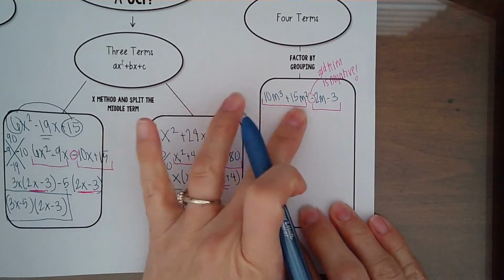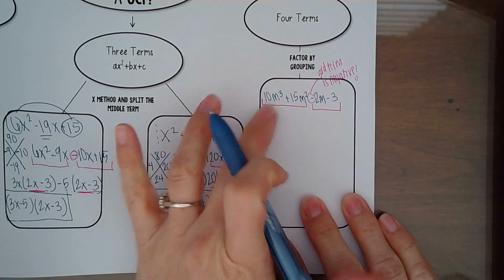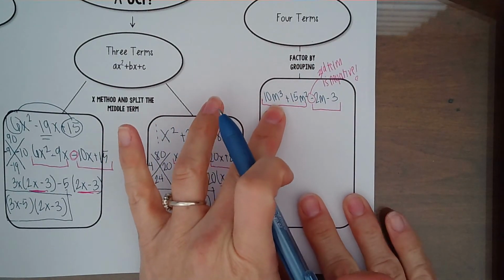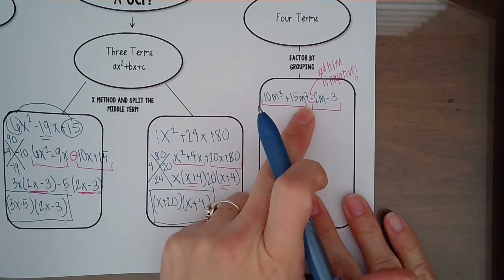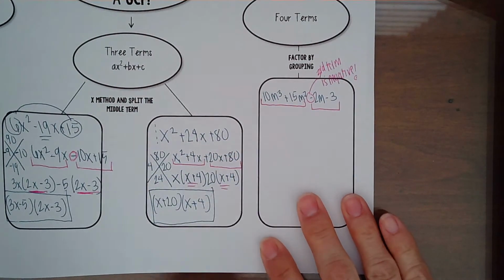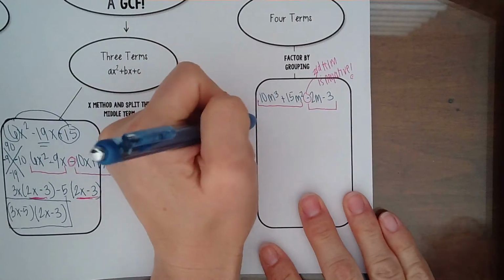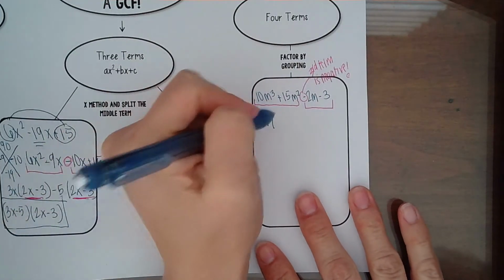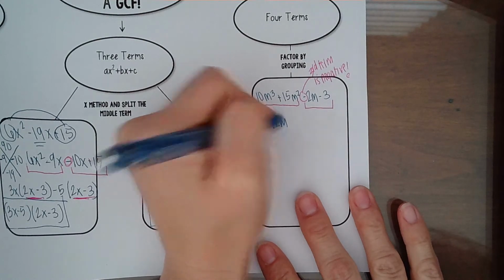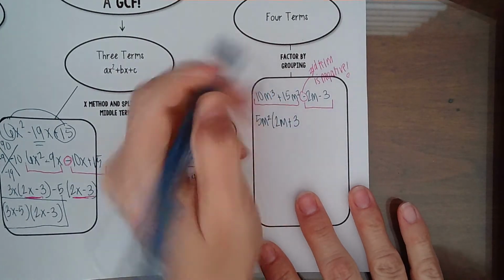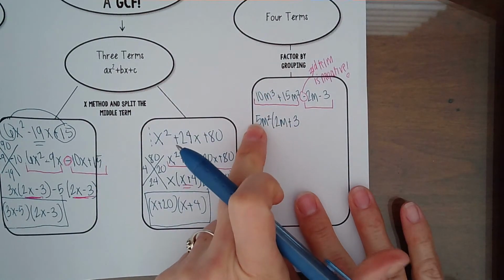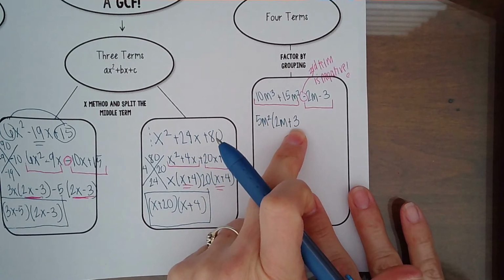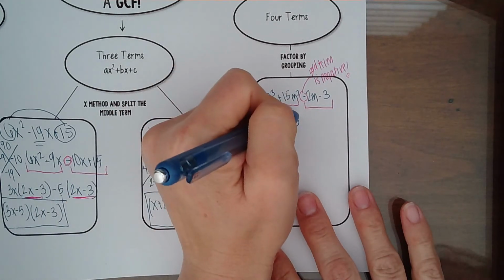Here I'll see that they both can be divisible by 5, and the m's, well, that's m to the third and that's m to the second. Remember, I take the m with the smallest exponent. So I'm going to factor out a 5m squared. I'm going to have 2m plus 3, right, because 3 times 5 would be 15m squared.